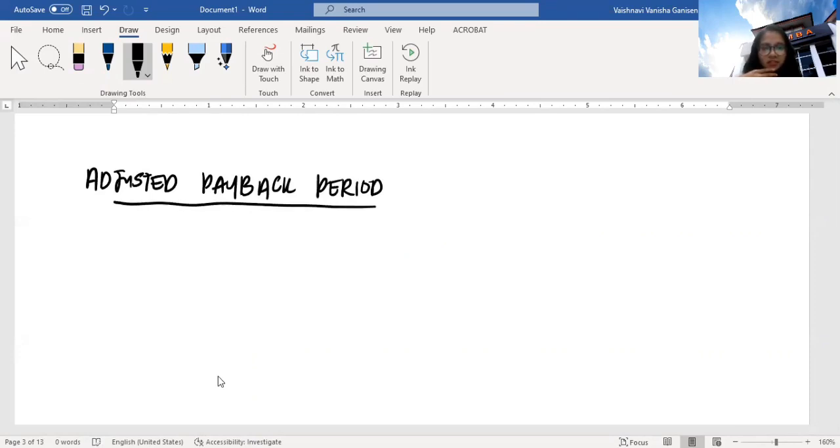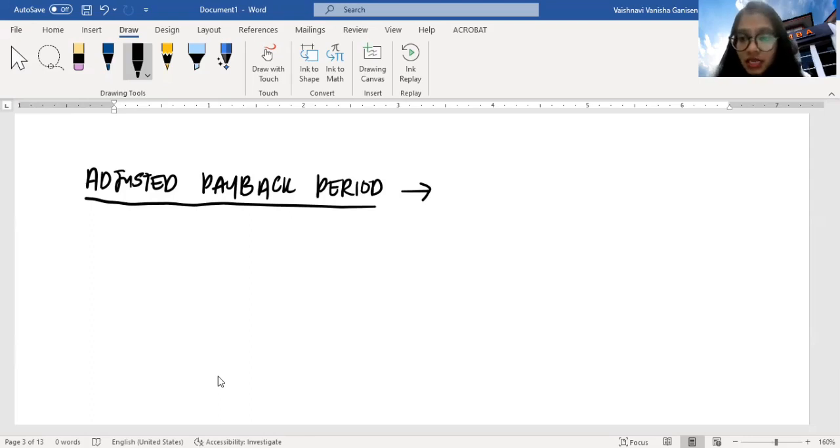All right. So now when you talk about adjusted payback period, the concept of the adjusted payback period is exactly the same as the concept of your payback period. So what is the difference?